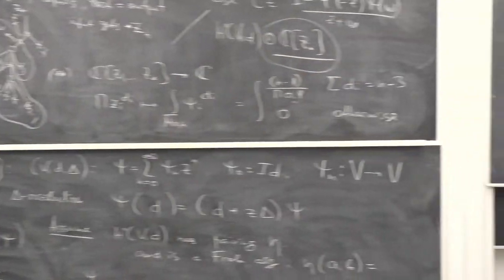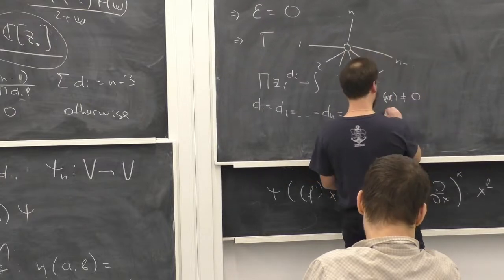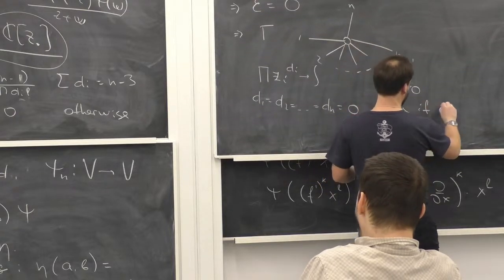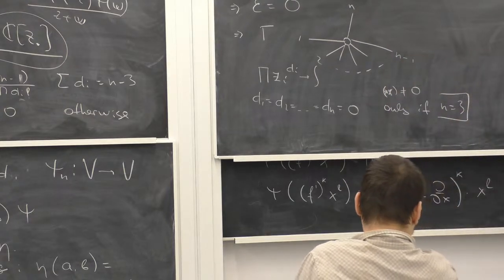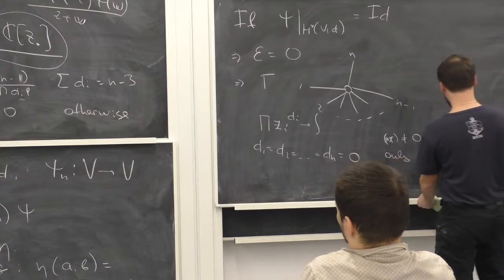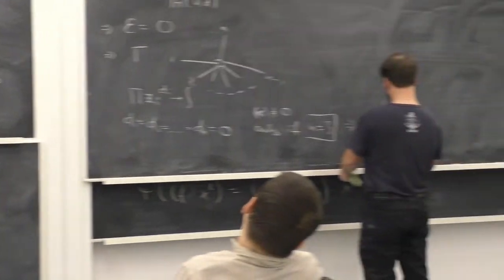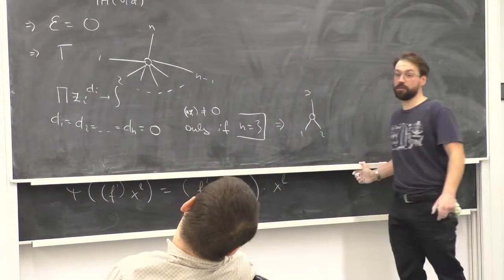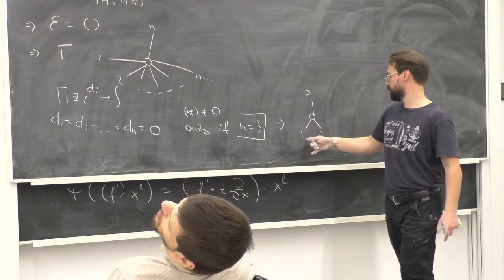And double star is non-zero only if n is equal to 3. And in that n equals 3 case, it will give just a product of two elements given here.